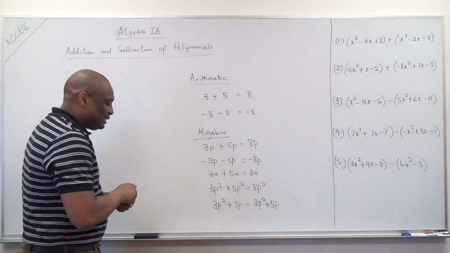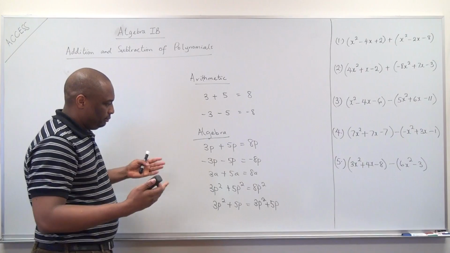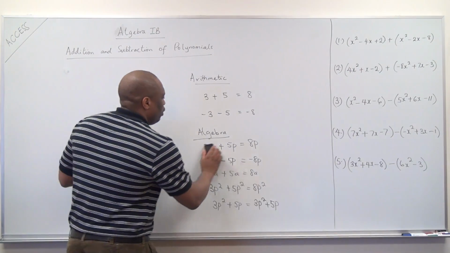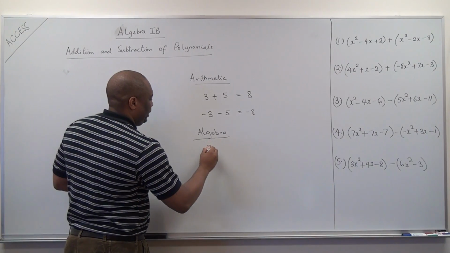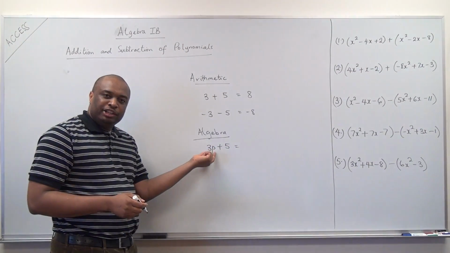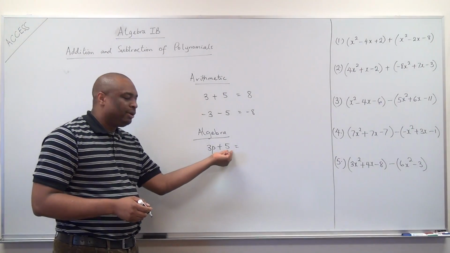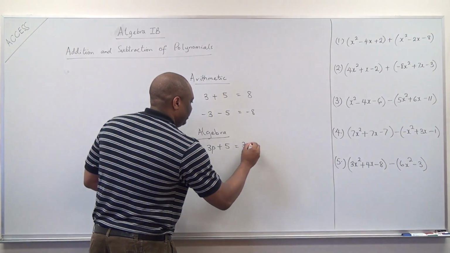Okay. Let's do more examples so that you can get familiar with it. What if we have 3p plus 5? Here you have a variable, and here you have a constant. It's still going to be 3p plus 5.